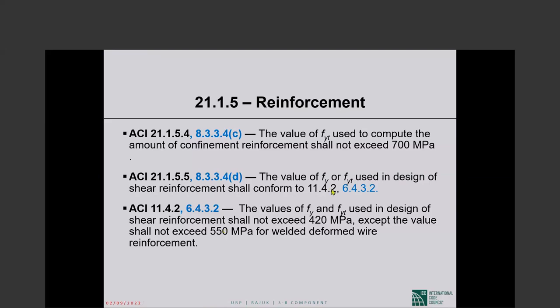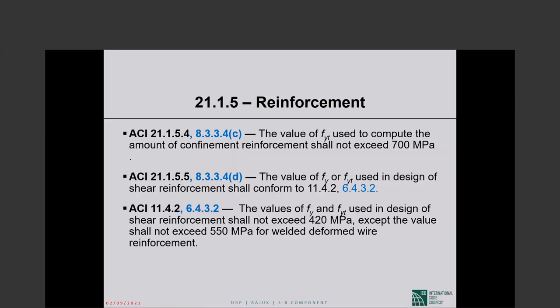So this says the value of f_y and f_yt used in design shall conform to 1142, and 1142 says the values of f_y and f_yt used in design of shear reinforcement shall not exceed 60 ksi. For welded wire reinforcement, you go up to 80 ksi.